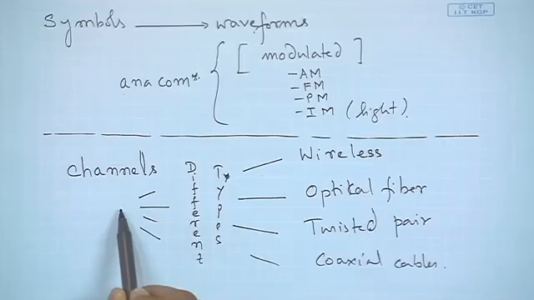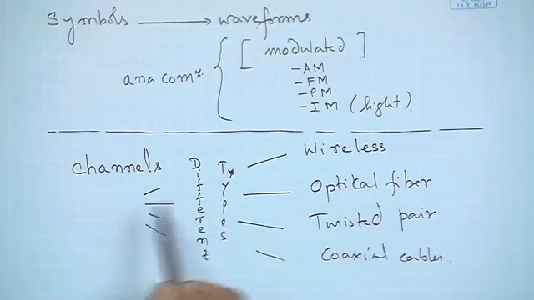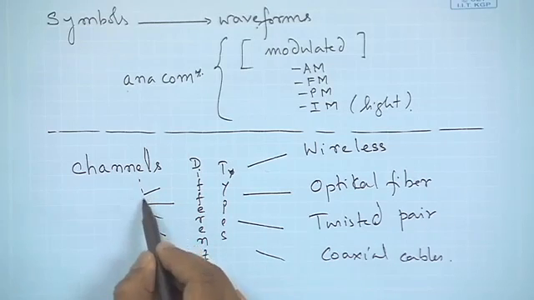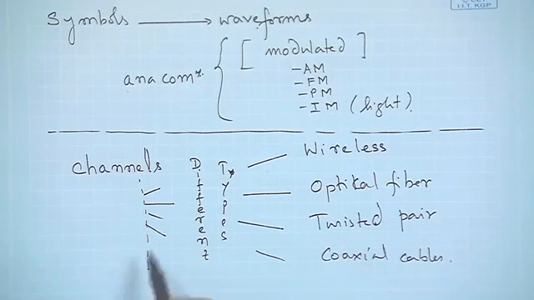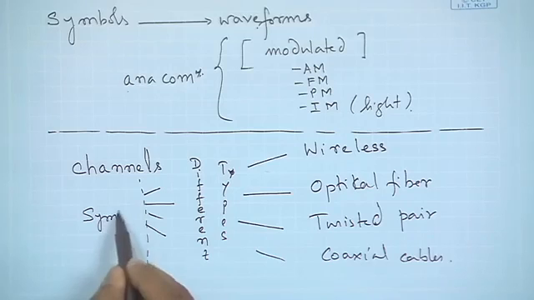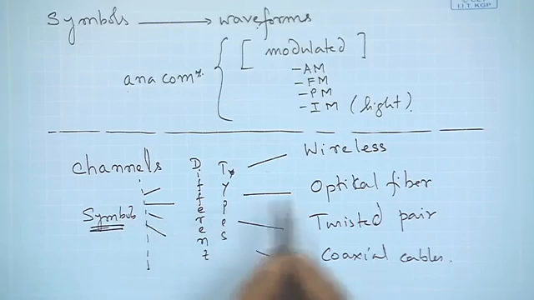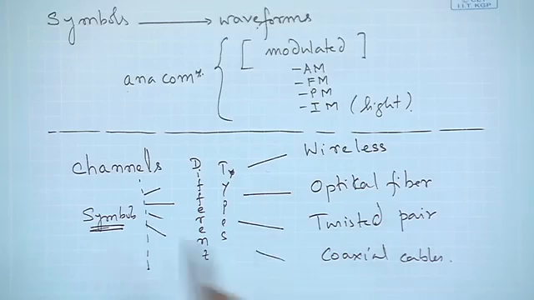So what we are trying to say is that the same symbols could be used and sent across different channels. Our study would be limited to this region where we generate the same symbols, and this is almost independent of this part. When it gets converted to a particular type of channel, that means it is matched to a channel, that is waveform matching.